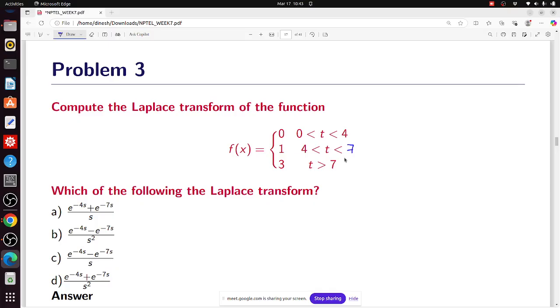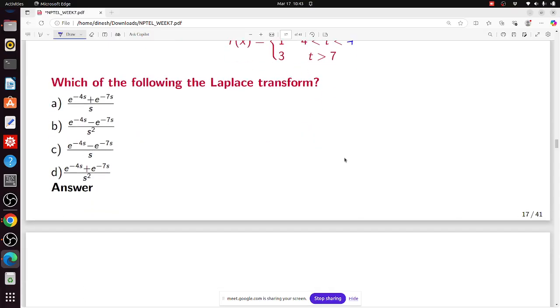Let's see how we can solve this problem using the step function. This function f(t) can be written as (t-4)θ₄(t) - (t-7)θ₇(t). We know that θₐ(t) is 0 for t less than a and 1 for t greater than a. So any such function can be written as a combination of step functions.